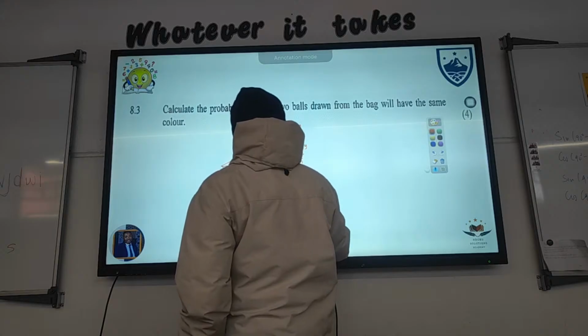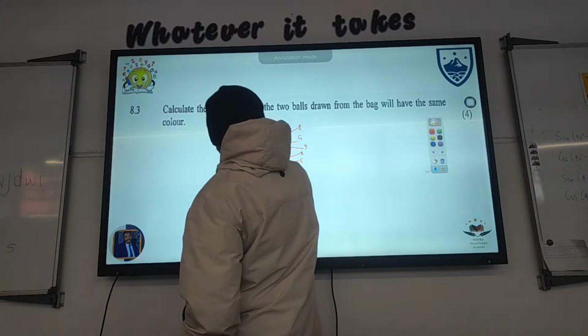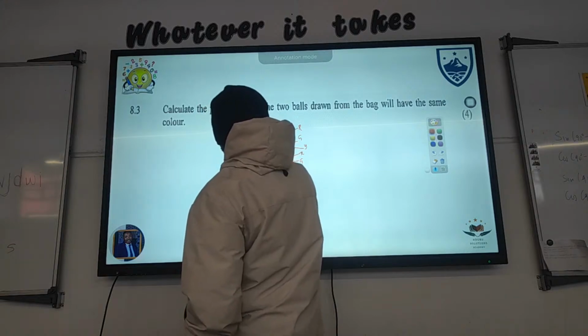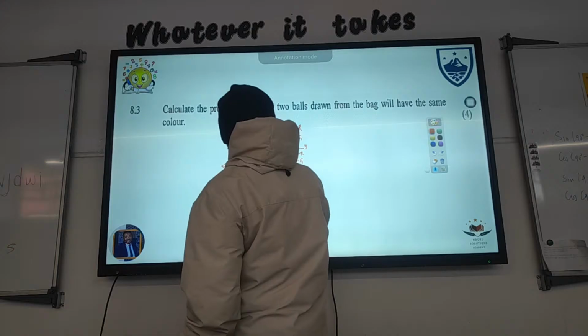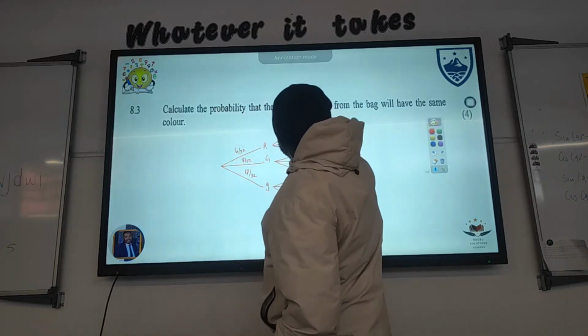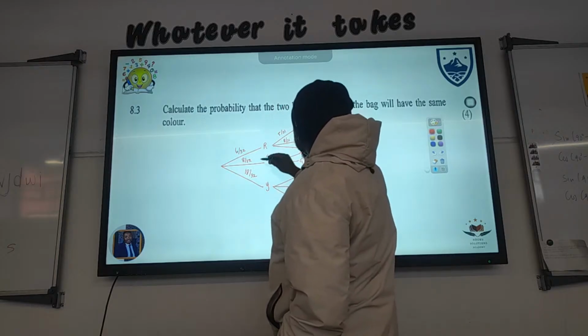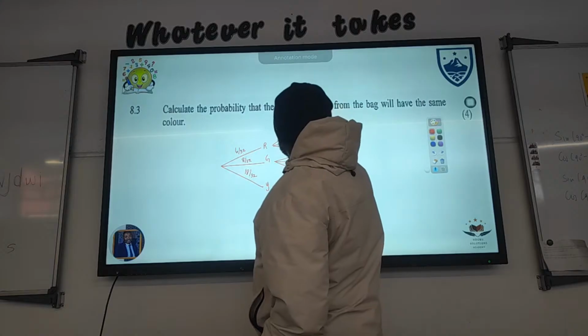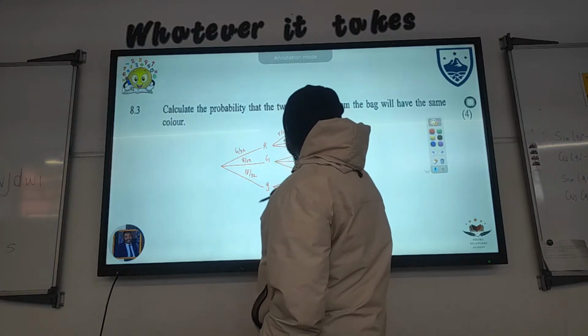green, yellow. We said this was 6/32. Last time I remember, this was 8/32, and this was 18/32. This changed to become 5/31. This became 8/31, and then yellow was 18/31.